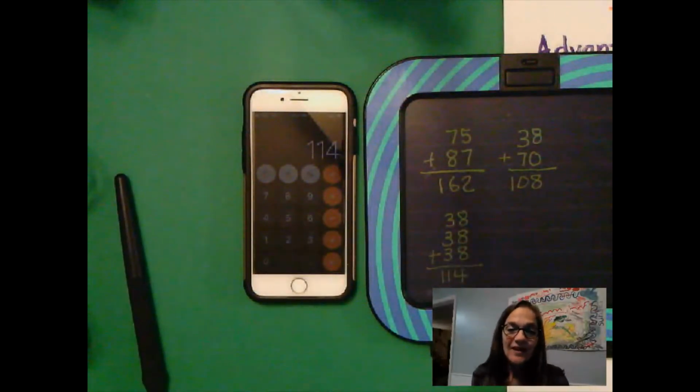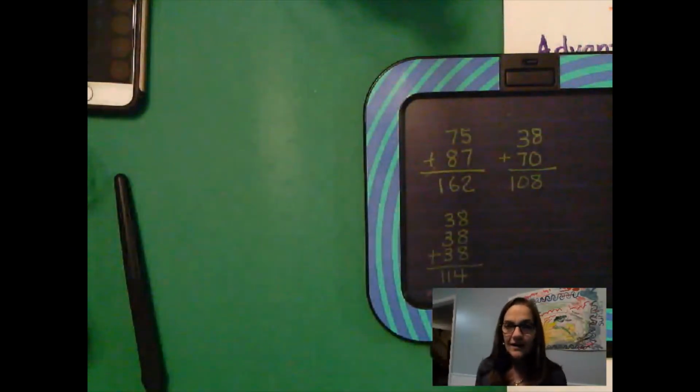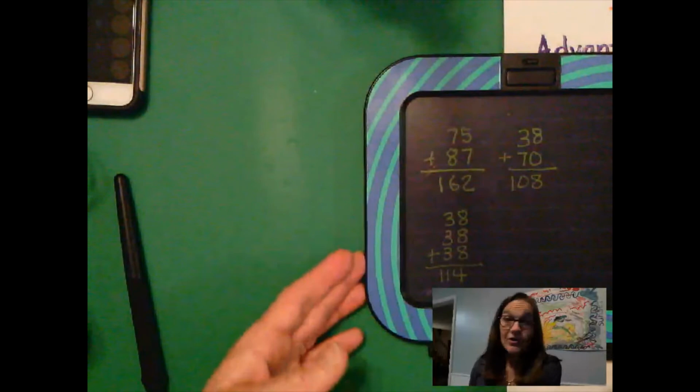And so we can work things out really quickly on a calculator, and that's just kind of fun to do. Later you'll be able to use your calculators, and even on our worksheet today, you'll get to use a calculator to try to figure things out. And if you don't have a calculator at your house, I bet you have a cell phone and there's one on there, or some other type of device like a tablet.